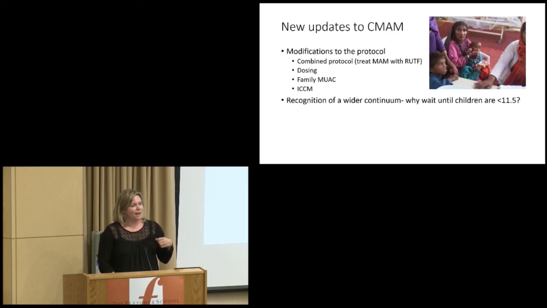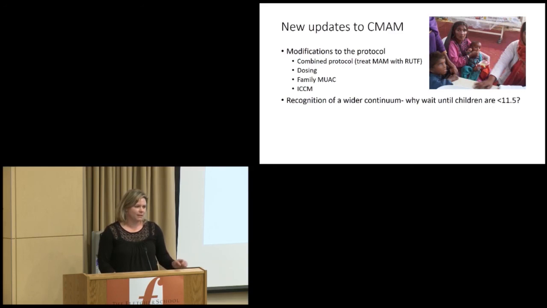So with MUAC as the tool to identify children as malnourished, what has been realized, which seems like common sense, is that mothers and fathers, if you give each family a MUAC tape, are able to screen their own children on a regular basis, which is particularly useful in insecure settings where people might not be able to access households. And so that, in the past probably 2 years, is something that has really been adopted.